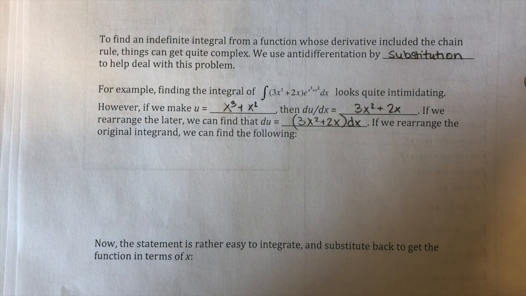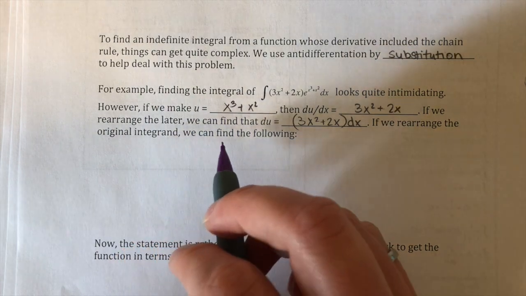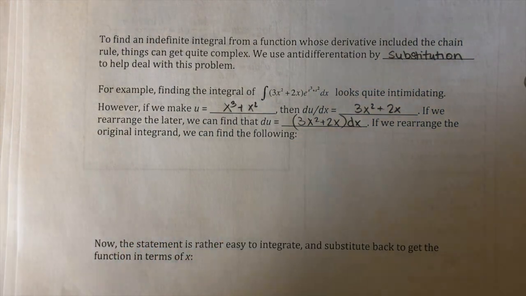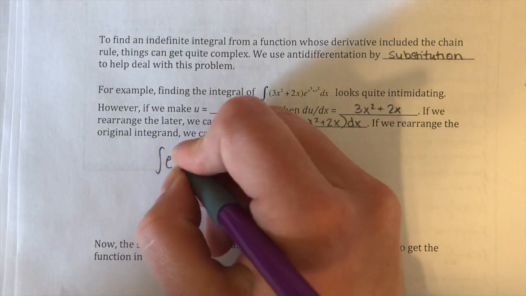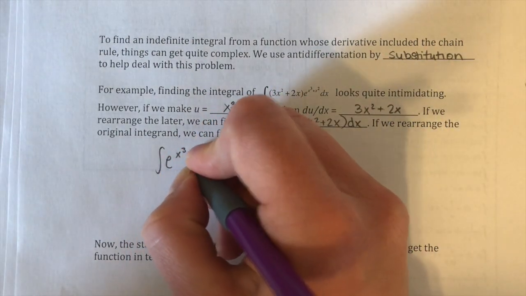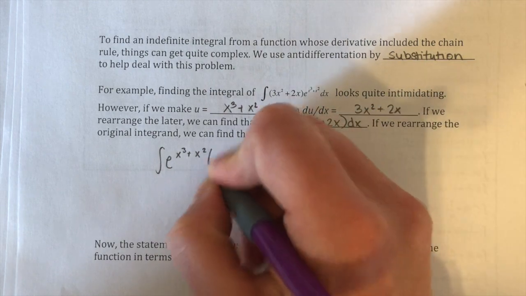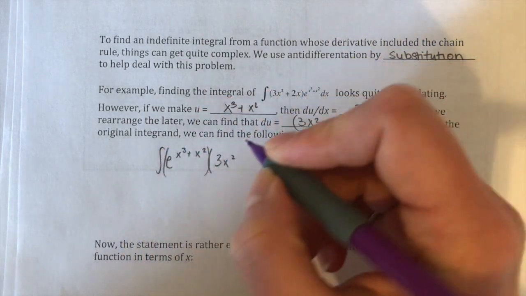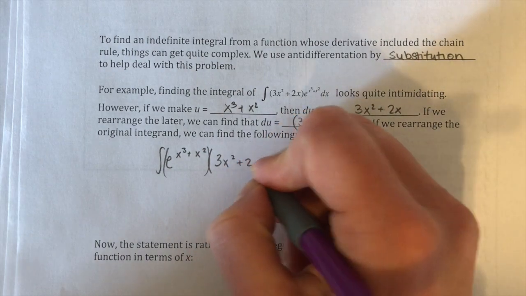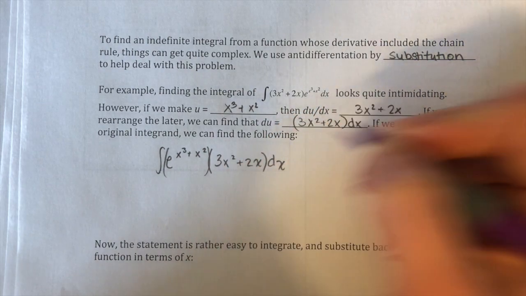If we rearrange the original integrand, we can find the following. So if we write this as e to the x cubed plus x squared times 3x squared, may as well put that one in brackets too, plus 2x times dx.